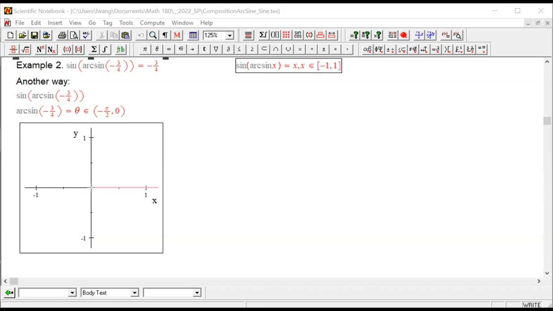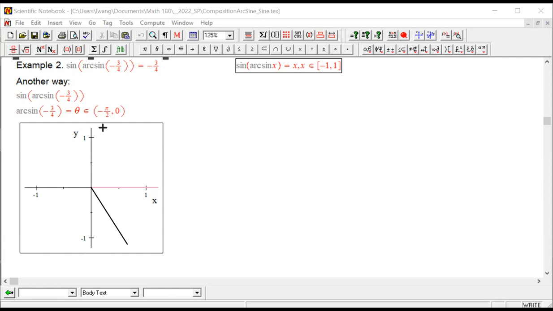To understand this, I want you to go back to see that lesson where I talk about the rationale behind the making of arc sine. So I'm going to bring that up again. Now you can see, because the ratio is negative, and the output for arc sine can either be between 0 to negative pi over 2 or 0 to pi over 2.